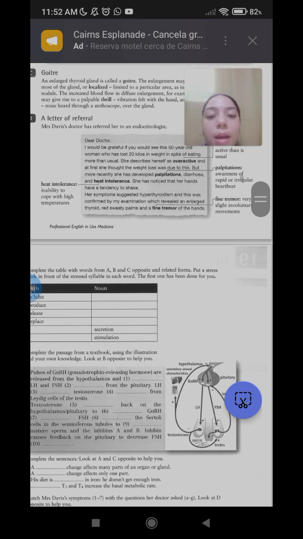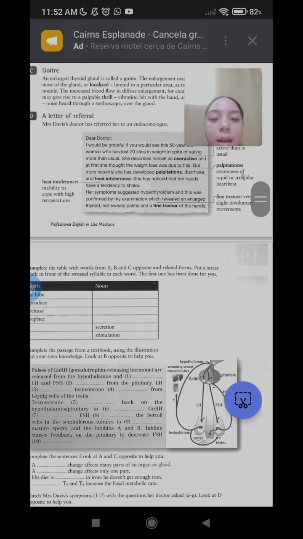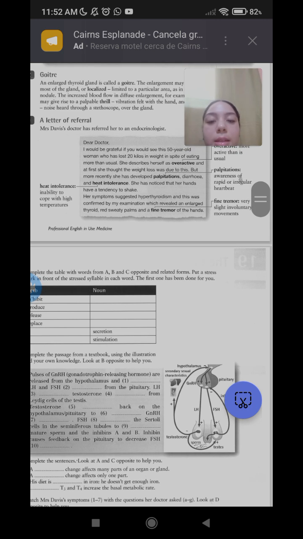She described herself as very tight, very active, and at first she doubted the weight loss was due to this. But more restless, she has developed palpitations, diarrhea, and heat intolerance. She has noted that her hands have tended to shake.